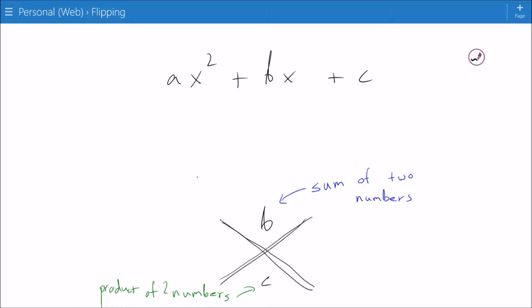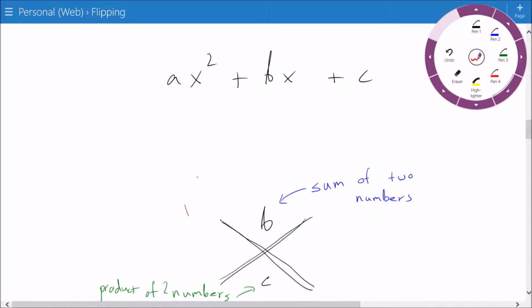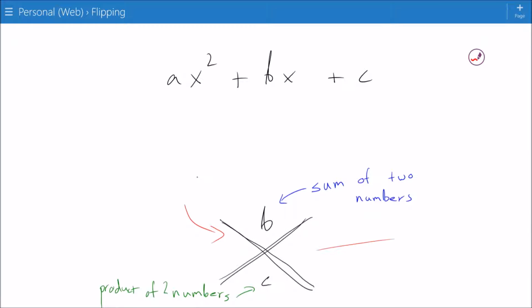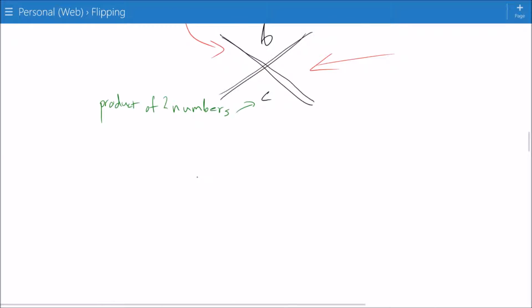Put b on top, put c on the bottom. You want to find two numbers that will fit in here, the sum of which is equal to b, the product of which is equal to c. All right?